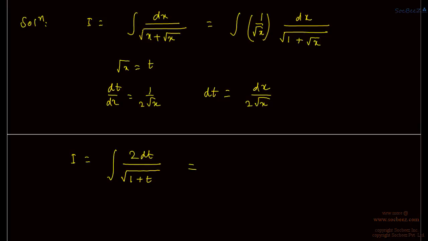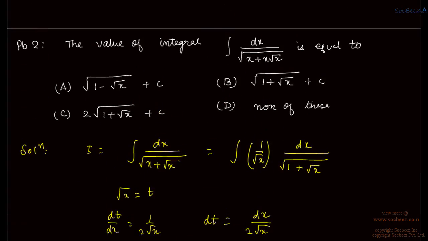So this integral is clearly 2 root under 1 plus t plus c, which is equal to 2 root under 1 plus root x as per our substitution. So 1 plus root x plus c. So option B is correct here.